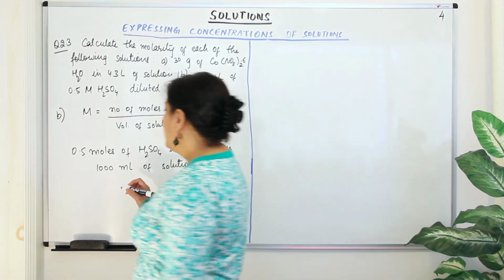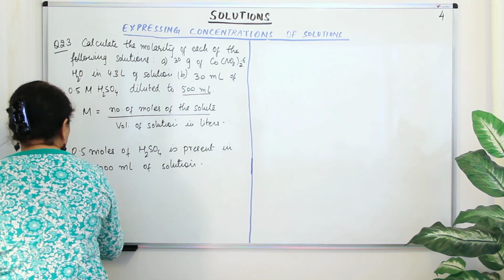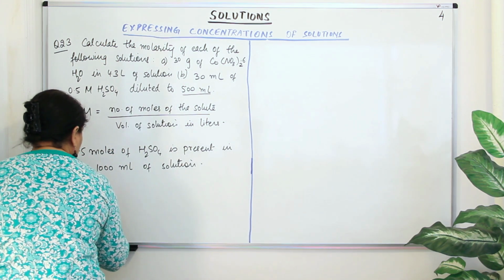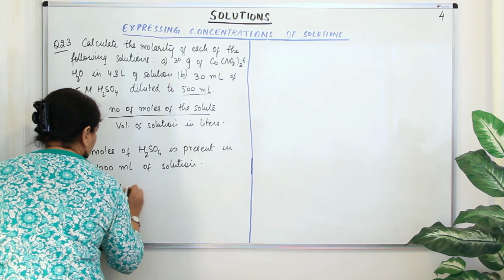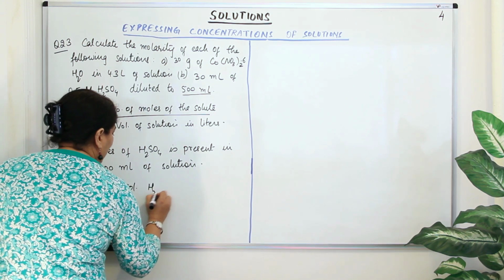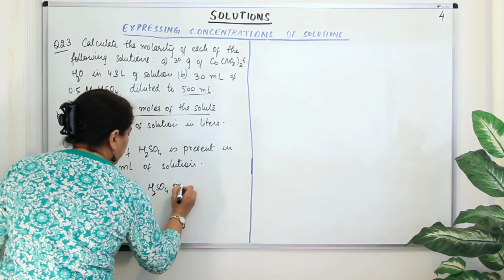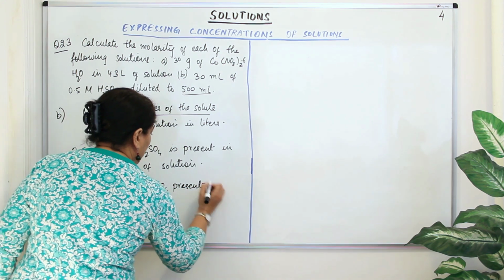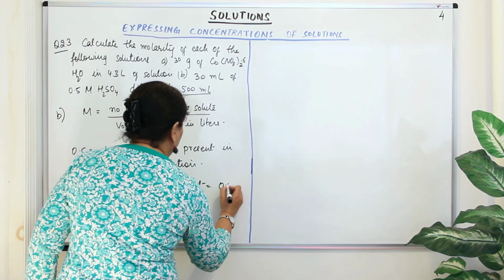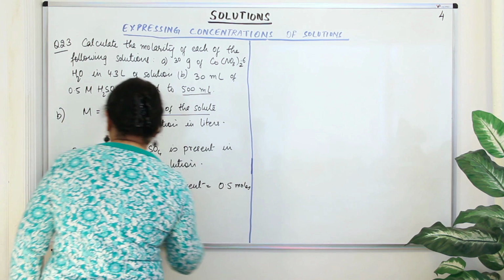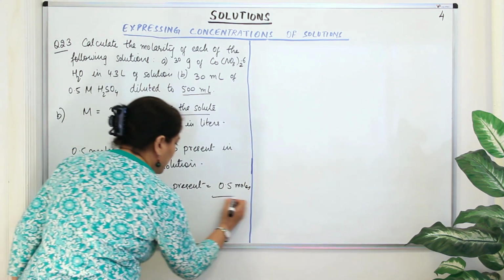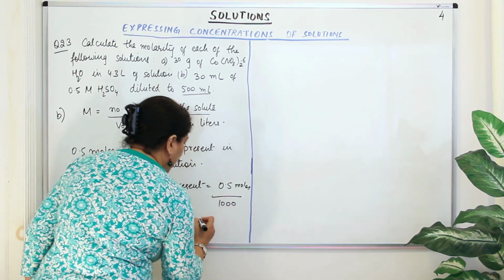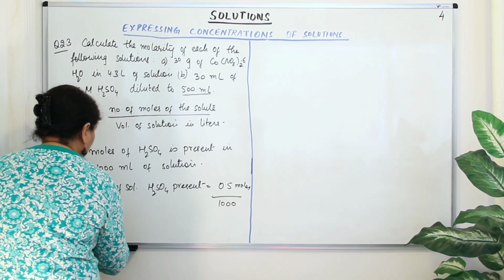We say that in 1000 ml of the solution, H2SO4 present is equal to 0.5 moles, right? So in 1 ml, how much would be present? 0.5 upon 1,000.